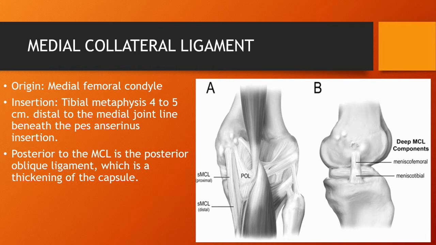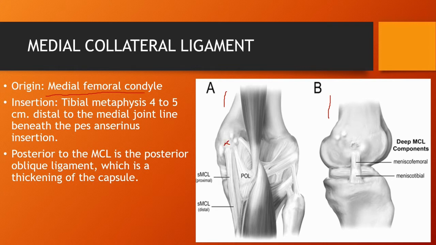Okay, so let's begin with the medial collateral ligament. So here in this diagram, we have a posterior view here, and we have a medial view of the knee here. And the medial collateral ligament has as its origin the medial femoral condyle. So that area is depicted right here in this region.